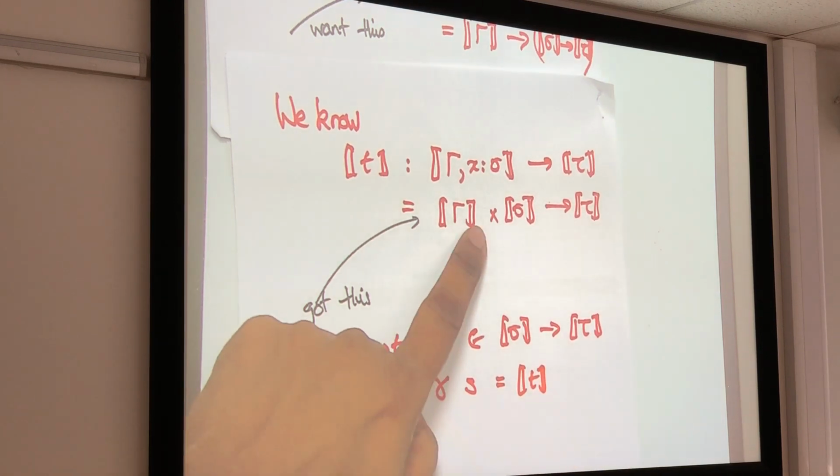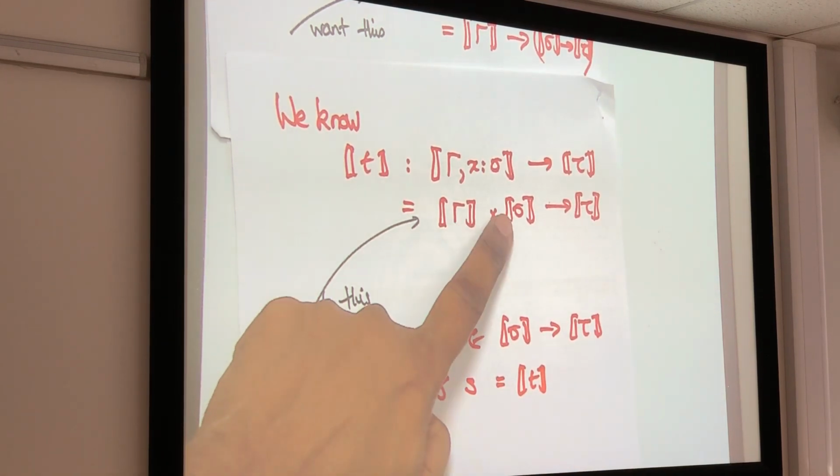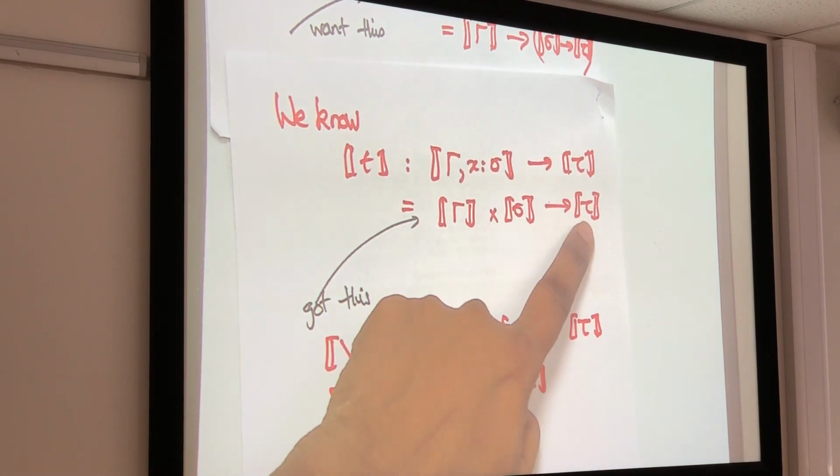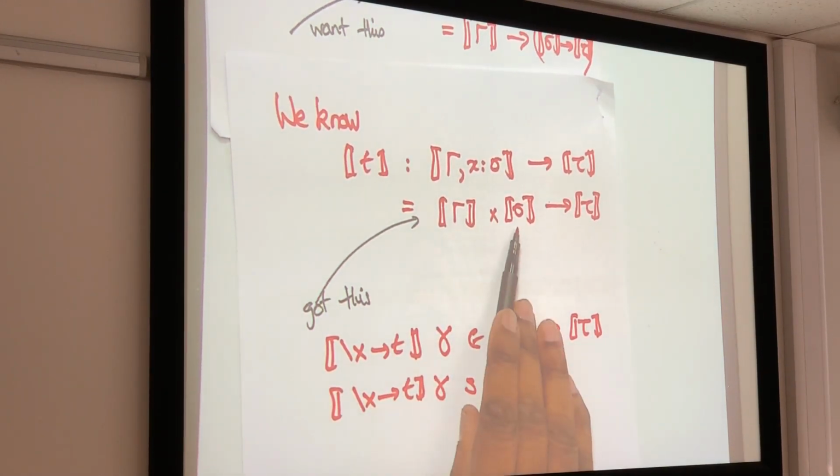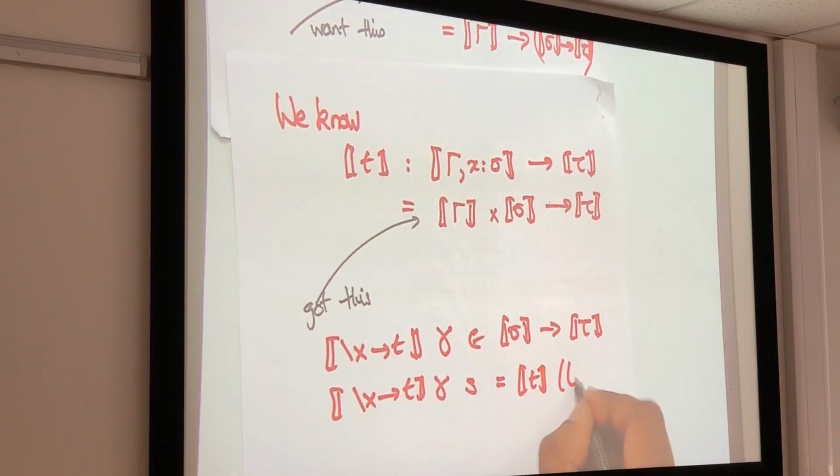If I give you something in this set and something in that set, I'll give you something in this set. Oh, I have something in this set. It's this. I have something in this set. It's this. Aren't I lucky? So it all fits together beautifully. So, almost done. So, that's this.